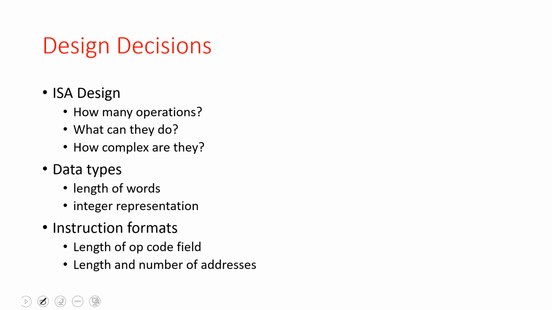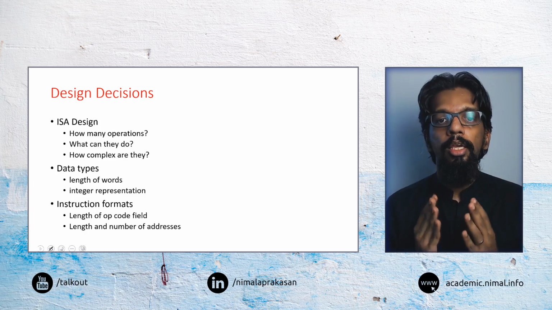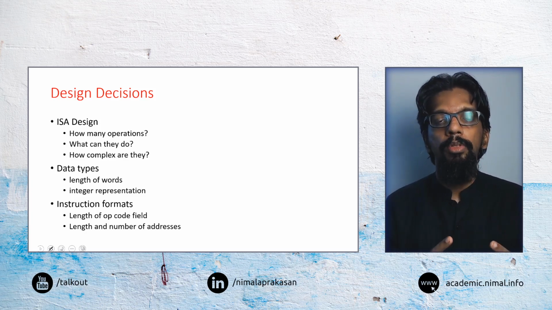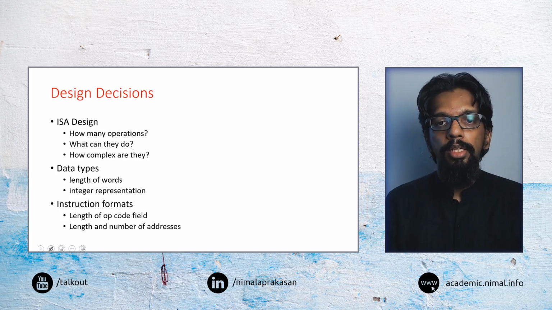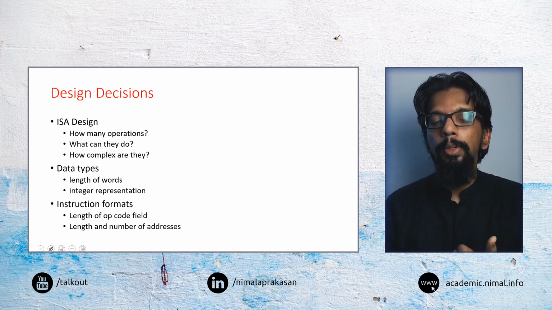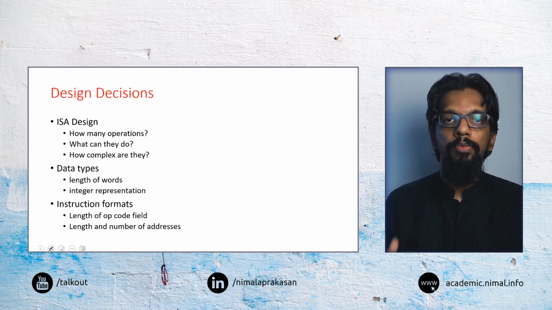Now, when we think about designing an instruction set architecture, there are a number of decision points that we have to think about. The first thing would be how many instructions we are going to have.